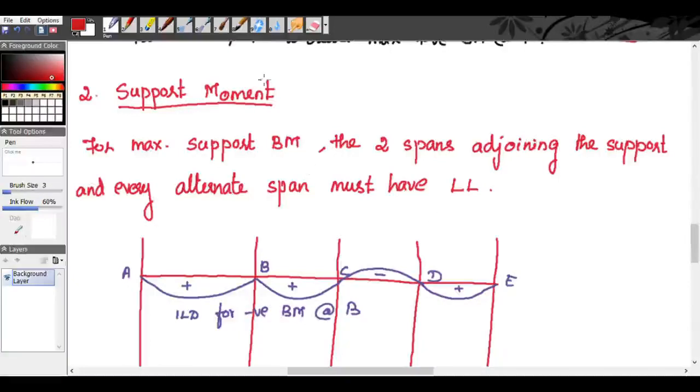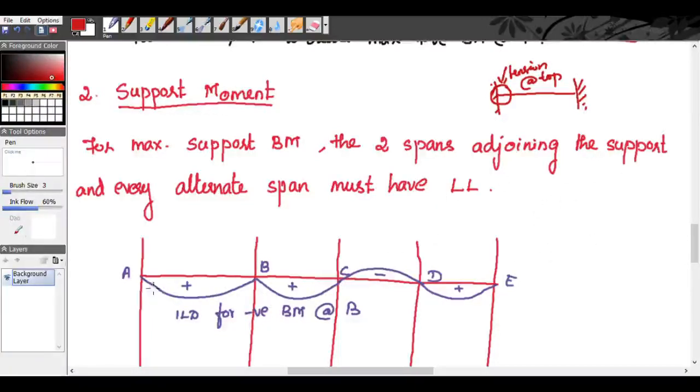Now the second is the support moment. For the support moment, if you take a span, this is our support, and at the support we will have tension at the top, which means we will have a hogging moment at the support. For maximum support bending moment, the two spans adjoining the support and every alternate span must have live load.